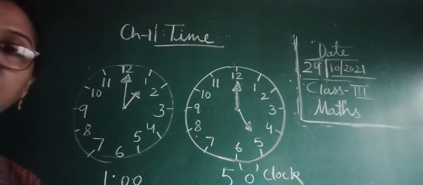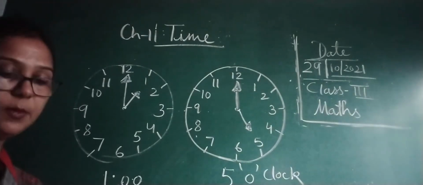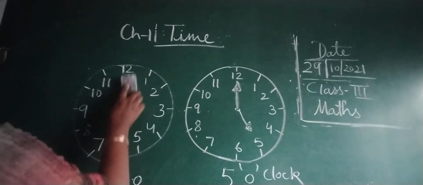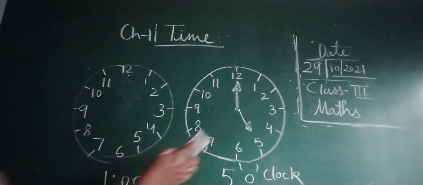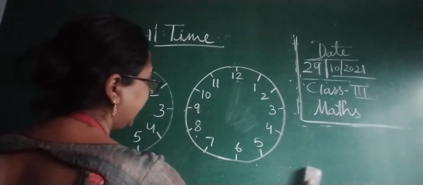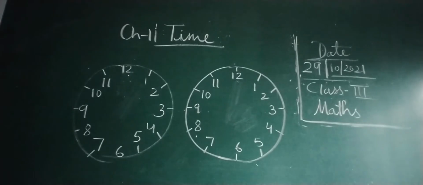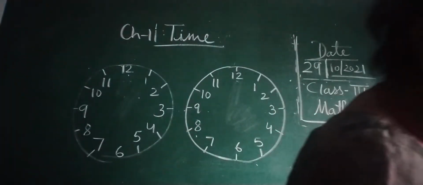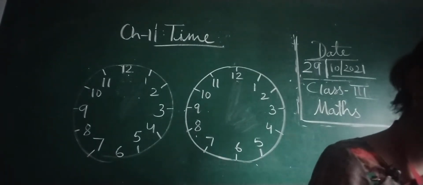Now we are going to do our third question. So this has fallen off, or you can say there is no hand, so we have to draw it. At first we have to draw 8 o'clock over here.